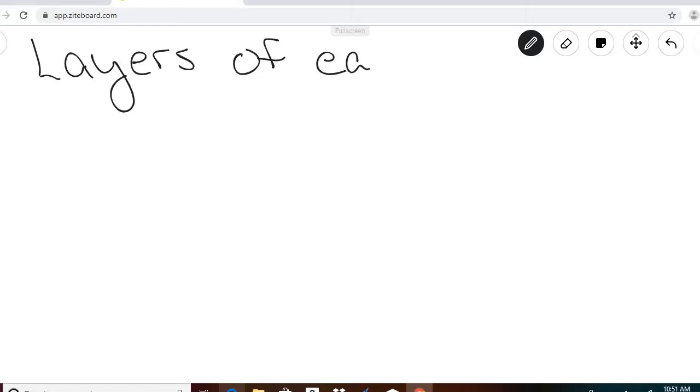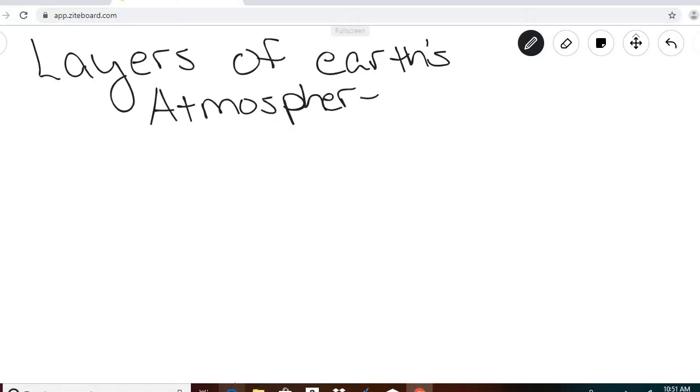Okay, the next topic that we are going to discuss is the fact that Earth's atmosphere is in layers. We divide Earth's atmosphere into 2 primary areas.